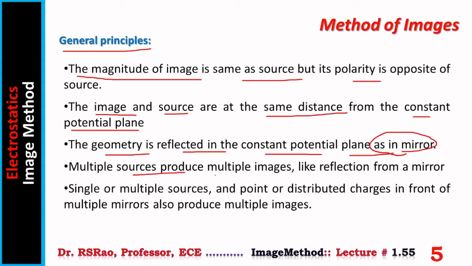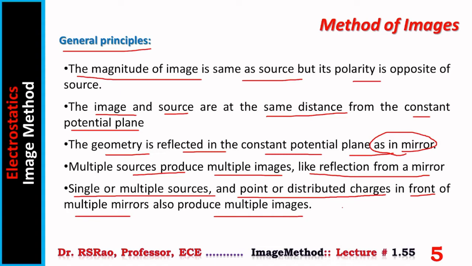Multiple sources produce multiple images like reflection from a mirror. Single or multiple sources and point or distributed charges in front of multiple mirrors also produce multiple images. When sources are several, images are also going to be several. When reflecting surfaces are several, images are also going to be several.